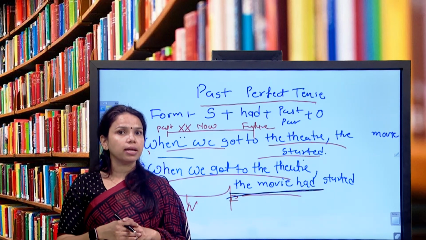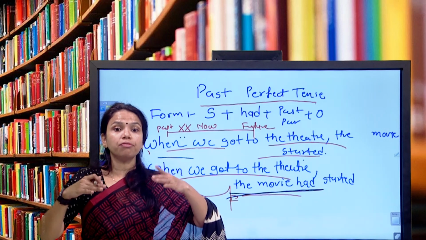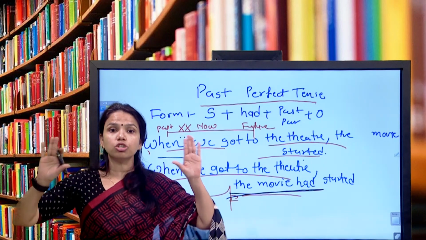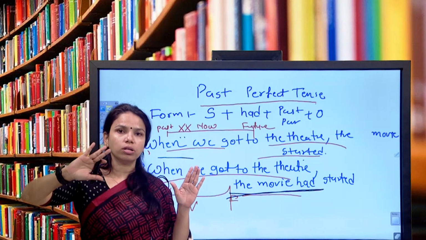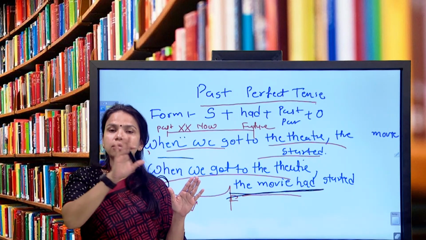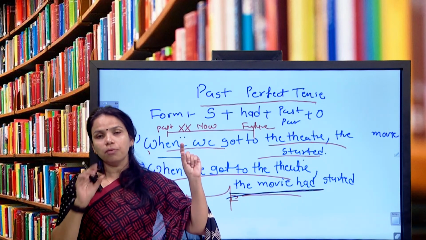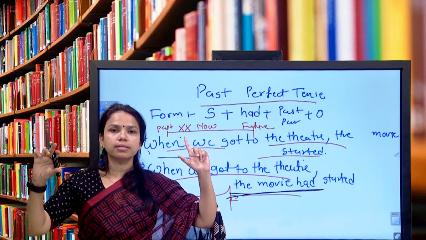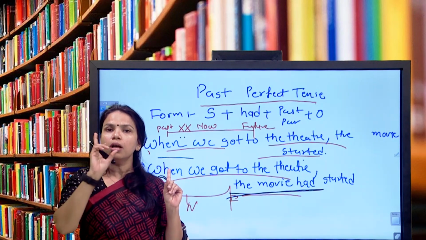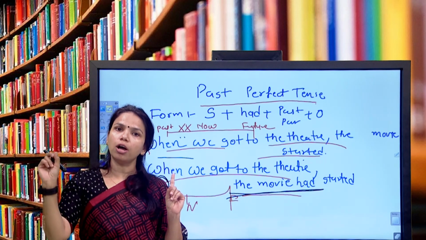But if I say I have taught English, it means the process of teaching English has not stopped. It is going on. For that situation, you have to use present perfect tense. The structure of the sentence is subject, have or has, the V3 form of the verb, and object.